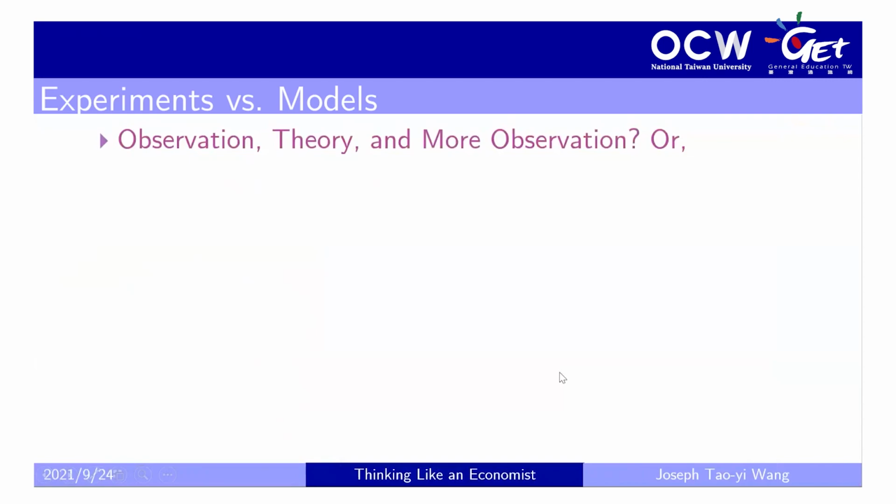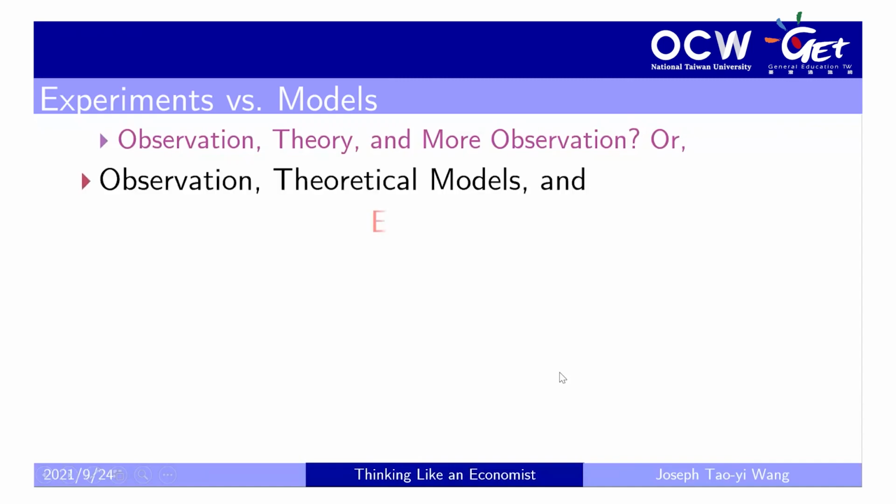Before I go on, I do want to say one thing. In the textbook, it talks about observations and then developing theories and then testing this with more observations, collecting the data and analyzing the data. But I think you have not only observations and theoretical models, but also empirical experiments.